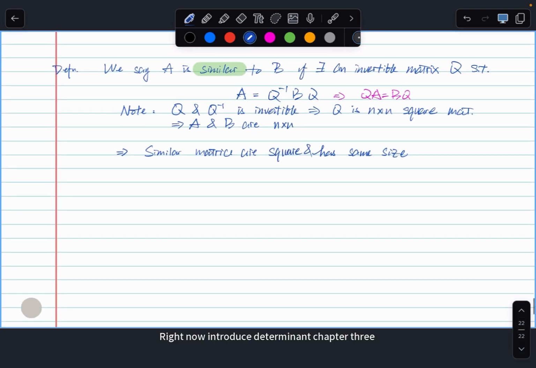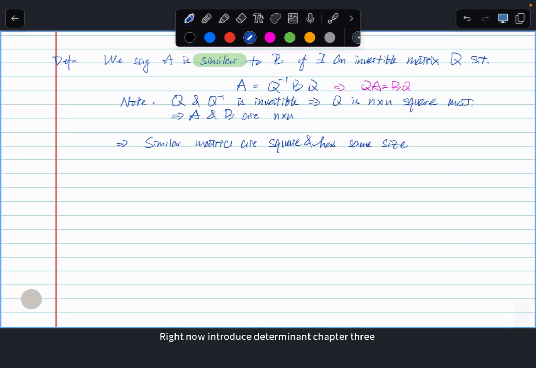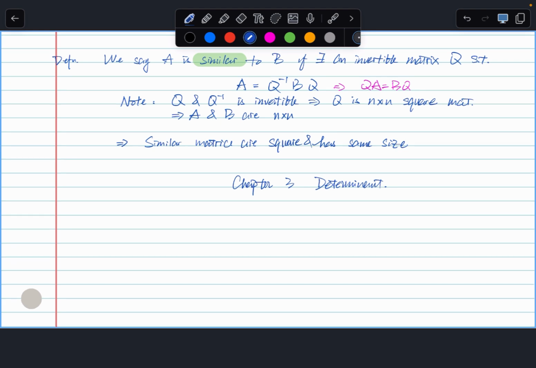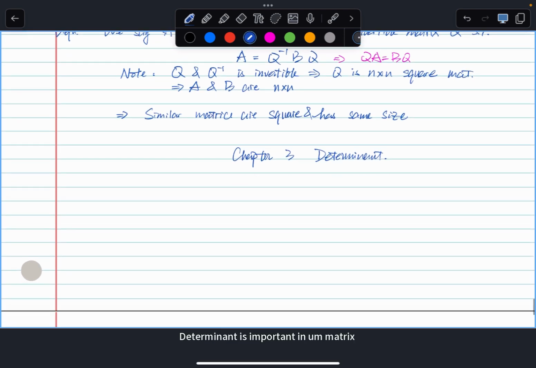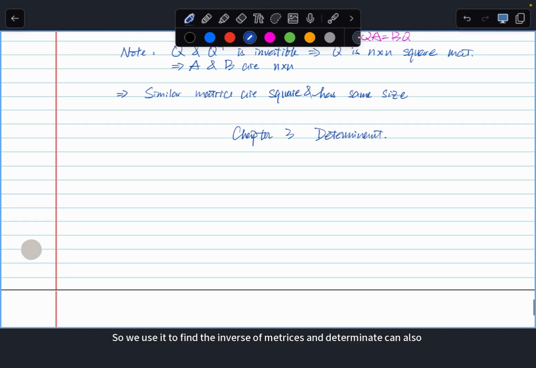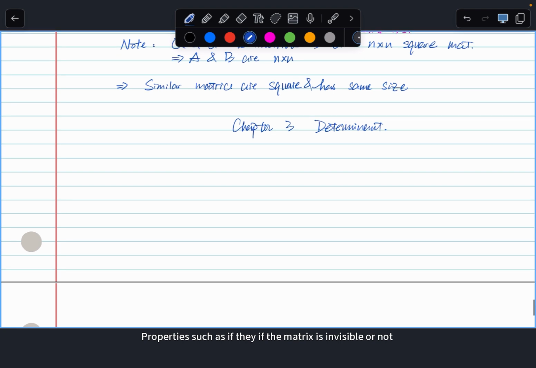Right, now we introduce the determinant. Chapter 3. So the determinant is important in matrices. We use it to find the inverse of matrices, and the determinant can also tell us some properties, such as whether the matrix is invertible or not.